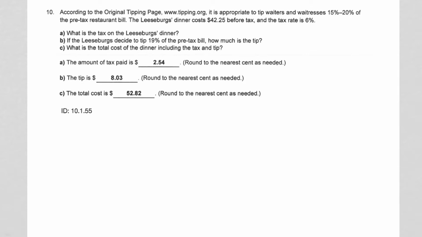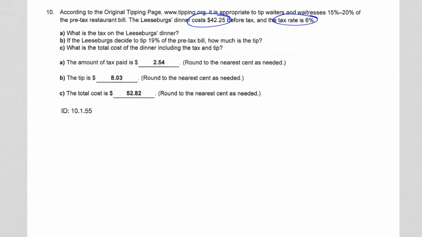Okay, so we have the dinner costs $42.25 before tax. Okay, the tax rate in this particular state is 6%. In Florida, it's 7%, but we're going to use 6% for this problem.